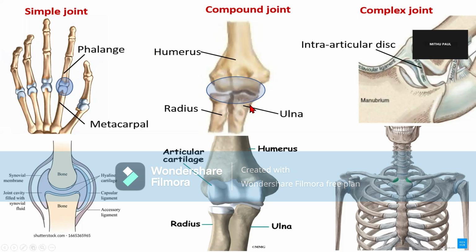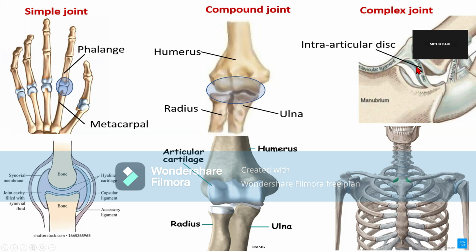Thus, it is an example of a compound joint. Coming on to the complex joint, directly not numbered, two bones are coming, but the joint cavity is divided into two parts completely by the presence of an articular disc. So this is an example of a complex joint.